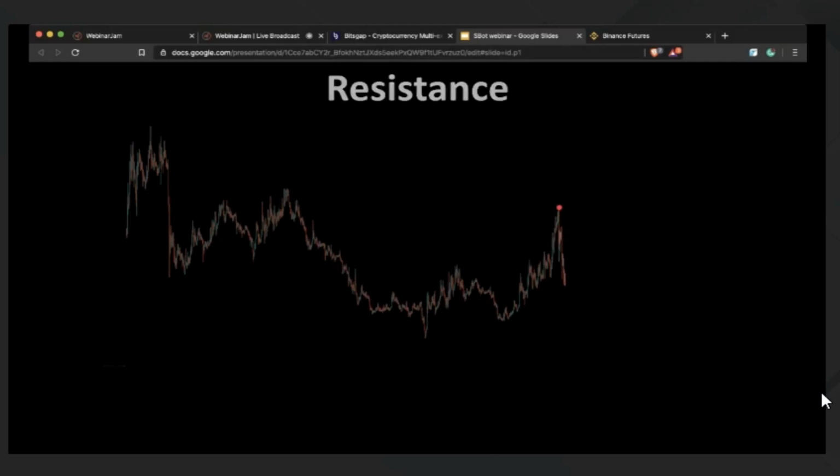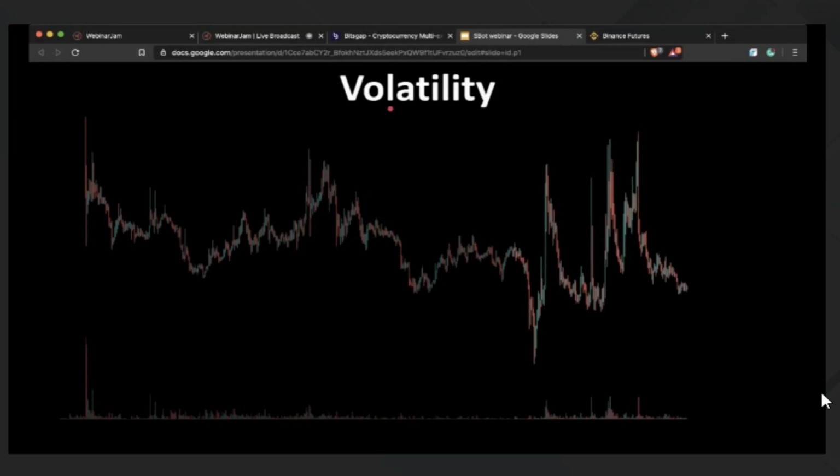Avoid such cases. Another example is extreme volatility. You see that here is resistance level, all right? And you see how rapidly, how significantly there was a price surge and then drastic drop down. Price surge, drop down, price surge.